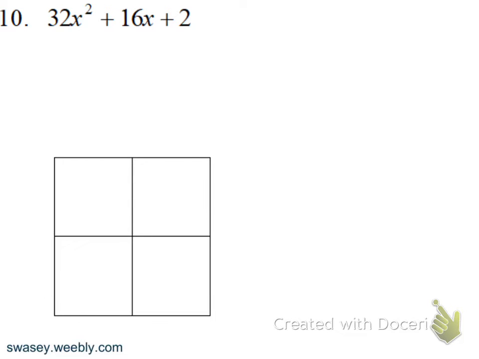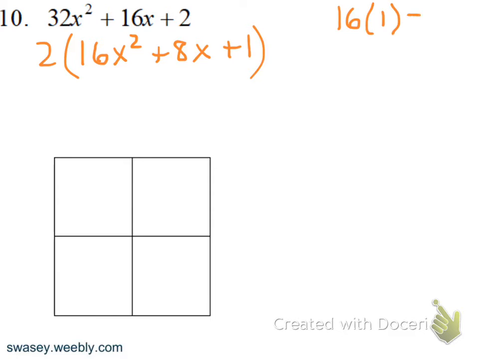GCF of the whole thing is 2. So divide each term by 2. 32x squared divided by 2 is 16x squared. 16x divided by 2 is 8x. 2 divided by 2 is 1. A times c: 16 times 1 is 16.